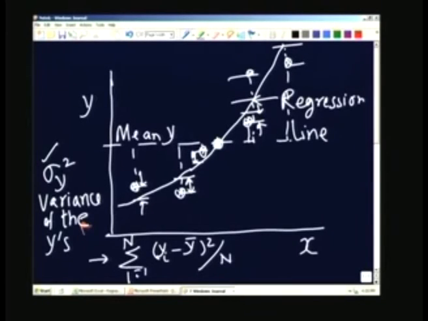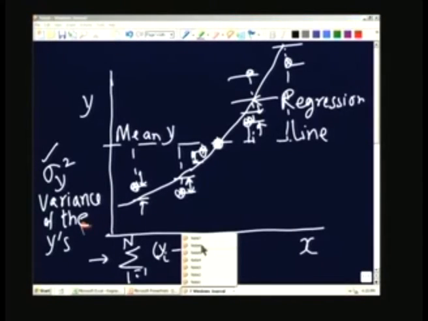So, just look at this quantity. This quantity tells you how the data points are distributed with respect to the mean value of the y. Now, we will look at the other one, the variance of the errors.